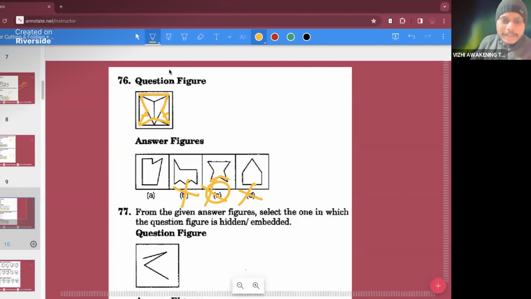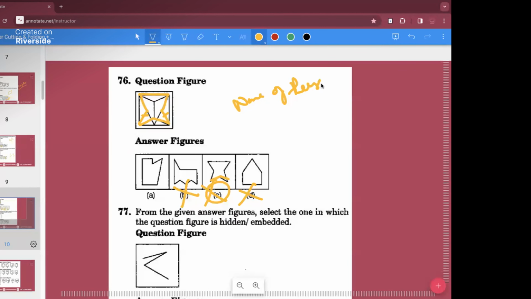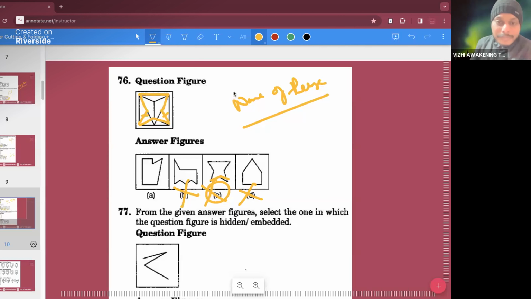Is there anyone confidently saying none of these? Option C, one by one. Did anyone make option D? Somebody was saying D. Can we form D over here?